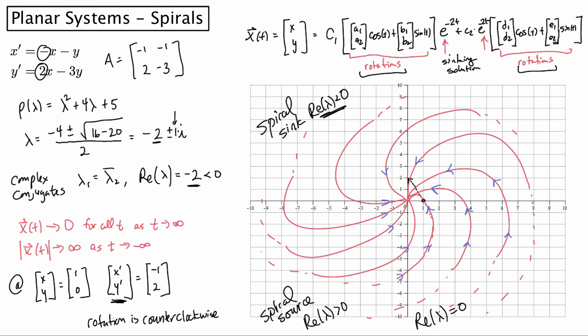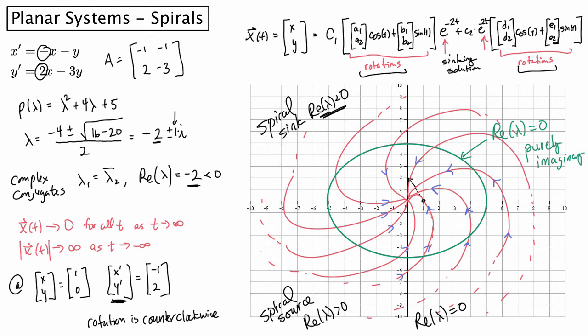The best way to describe this is like this. You end up with something that is elliptical in nature. And so this corresponds to the kind of solution you would expect to see if the real part of lambda is 0. In other words, if you ended up with purely imaginary roots.